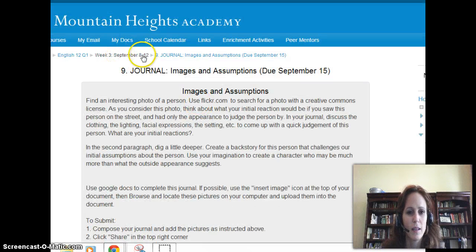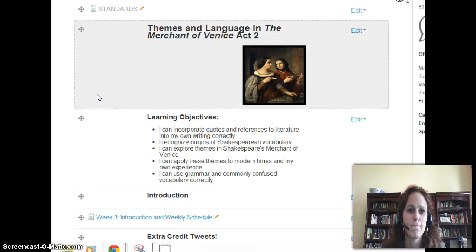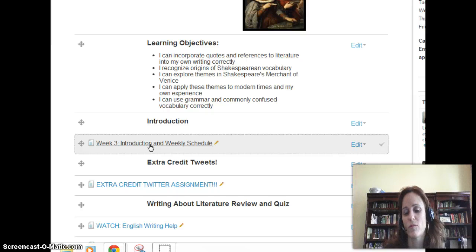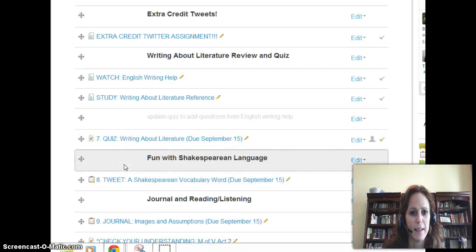That will get you introduced to some of the overall themes of The Merchant of Venice, which are racism and also sexism. We have the characters of Shylock, who's a Jew, and Portia, who is a woman, and they're both dealing with prejudice and assumptions that come with just their outward appearance. So that's what we're going to be applying that to.